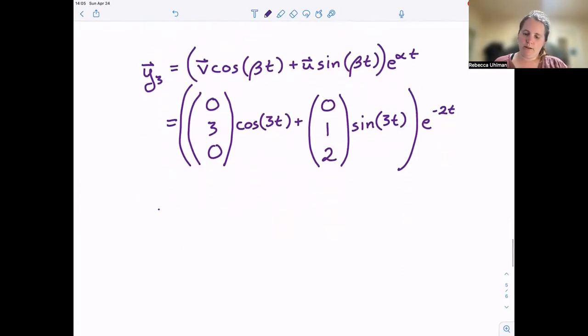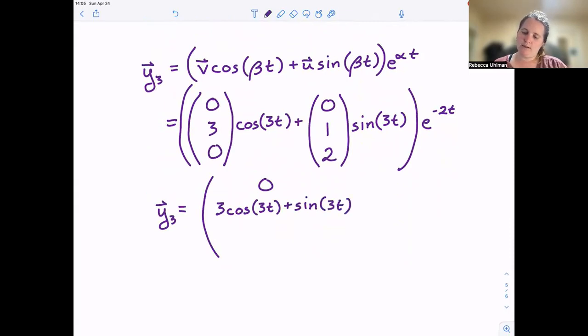So we can rewrite this as y3 is equal to 0 for the first position, 3 cosine of 3t plus sine of 3t for our second position, and then 2 sine of 3t for the last position, all multiplying e to the -2t.